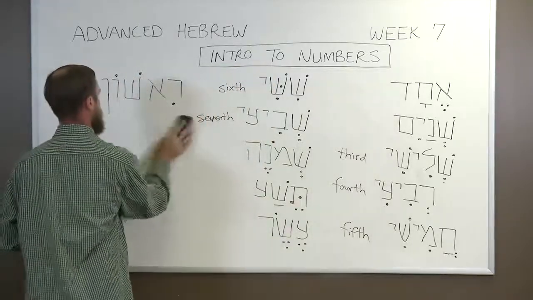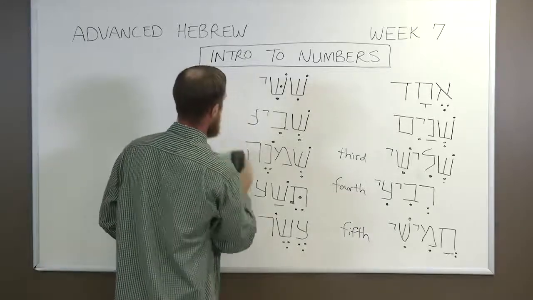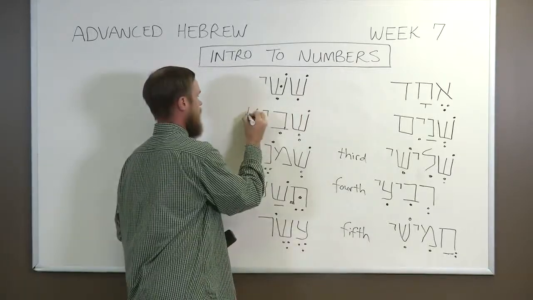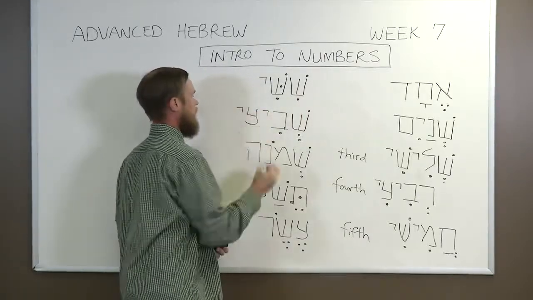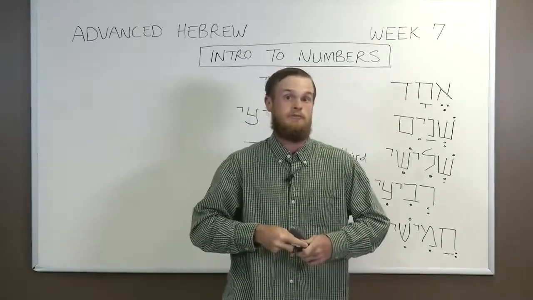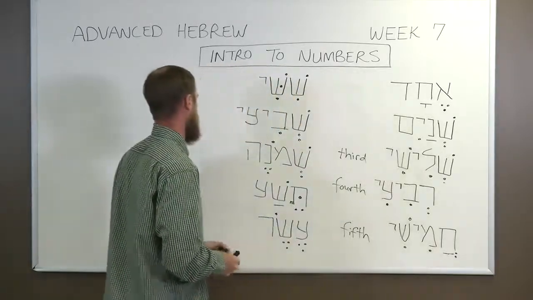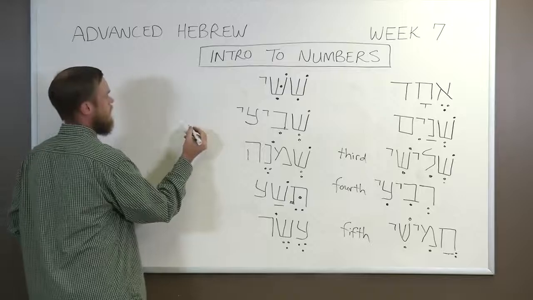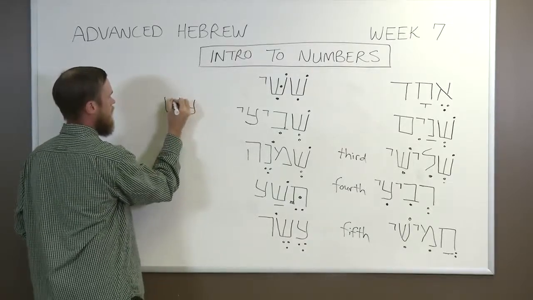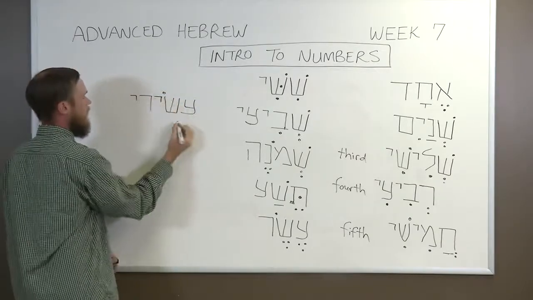There's another sense in which ordinal numbers can be understood. A lot of times, if we want to mention a fraction, so let's say a tenth, we can say Asiri.